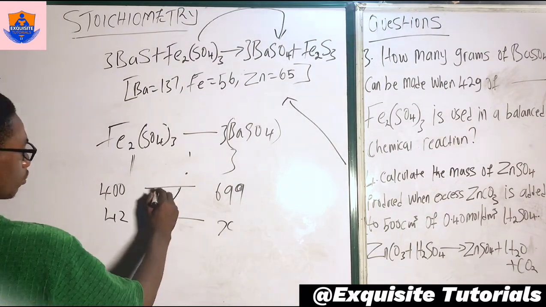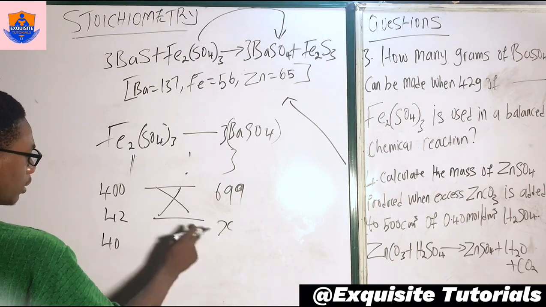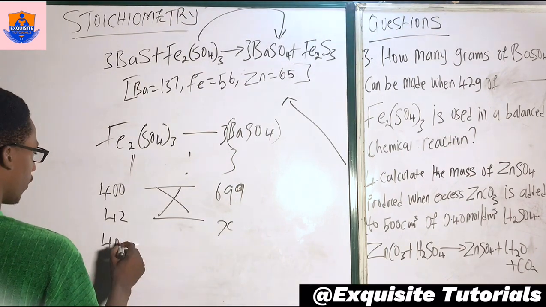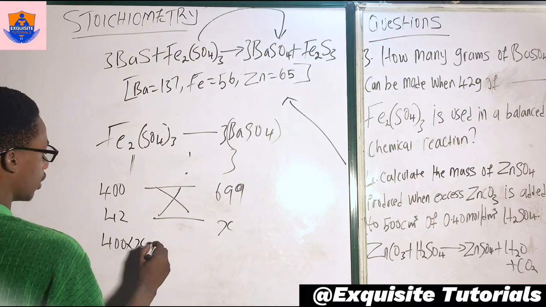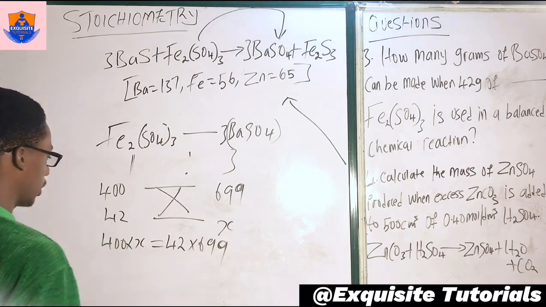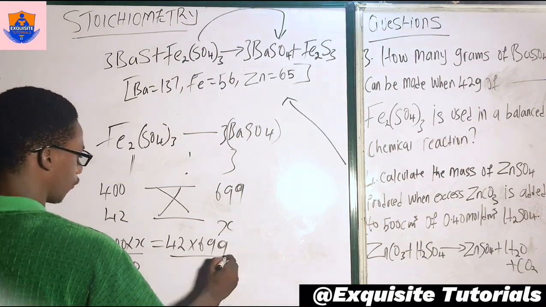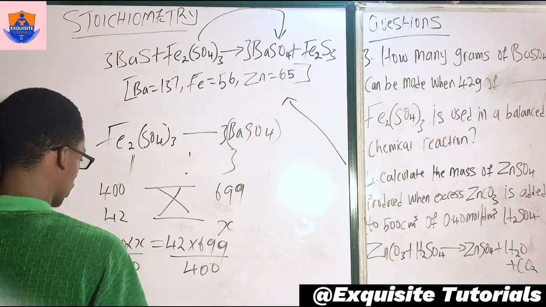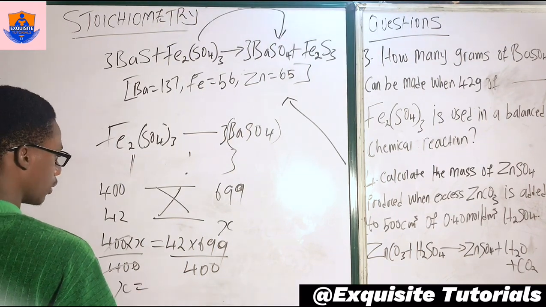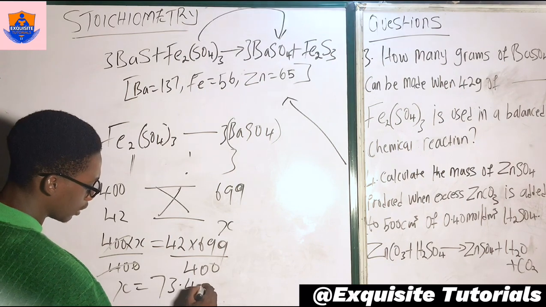So let's solve. To multiply, we have 400, the up multiply the bottom. So we have 400 times X is equal to 42 times 699. Let's divide both sides by 400 to make X the subject of the formula because we're looking for X. So we have X to be 73.4 approximately.